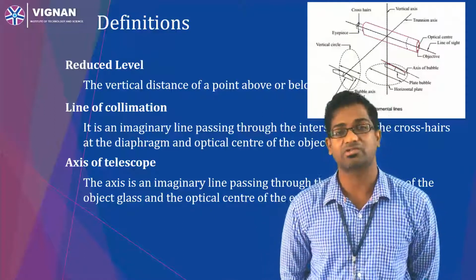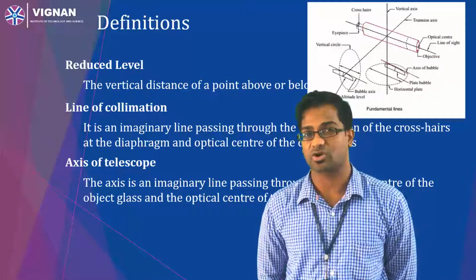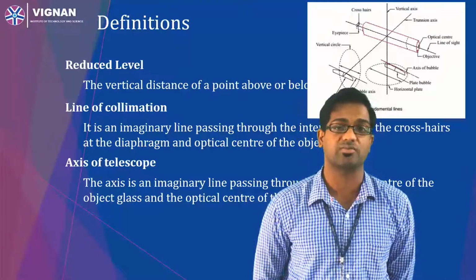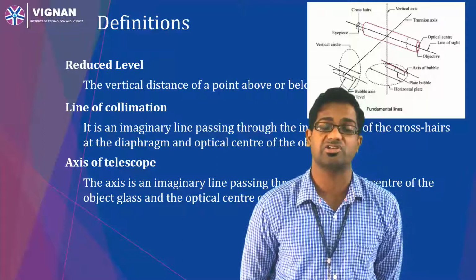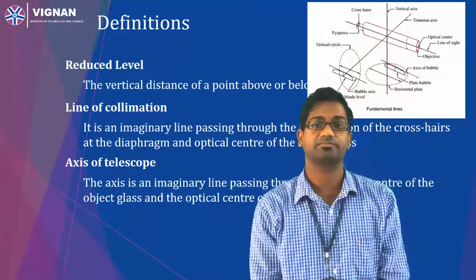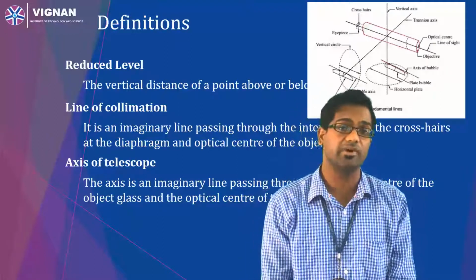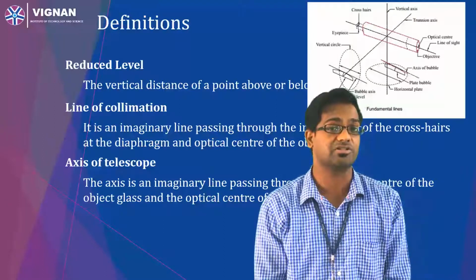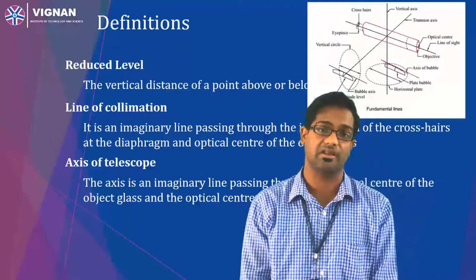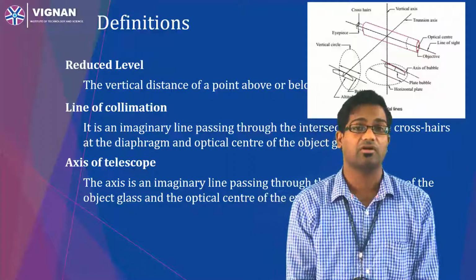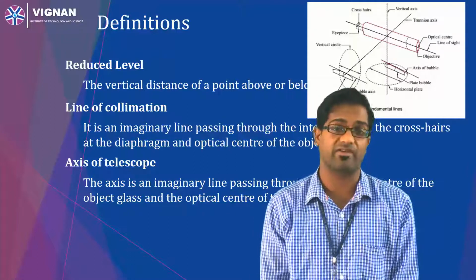Why do these two lines exist for the same telescope? Because in all instruments, the line of collimation and the axis of telescope should merge with each other. If they are not merging, there is a permanent adjustment error in the instrument. These errors can be easily found if you send the instrument to the manufacturer.